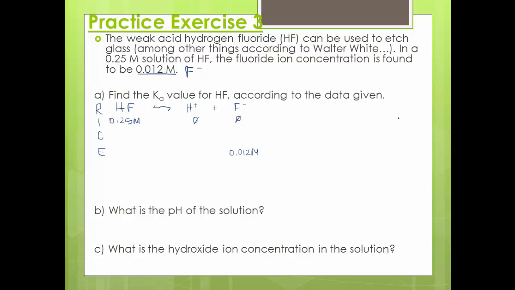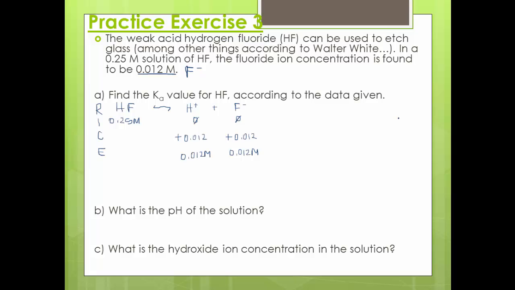Okay. Now, we have enough information to actually fill out the entire rice table. So the fluoride started at 0 and ended at 0.012. So the change was plus 0.012. Now, because hydrogen and fluoride have the same coefficients, they're going to increase by the same amount. So the hydrogen is going to go up by the same amount, 0.012. Well, it started at 0, increased by 0.012, so it is 0.012 molar.